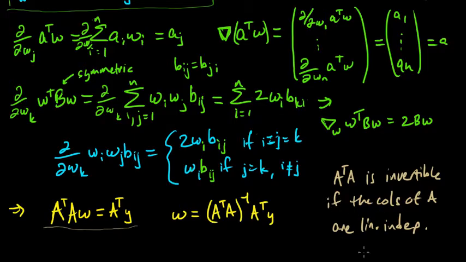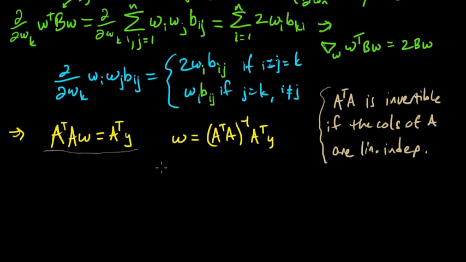So let's assume this, in order to be able to invert this thing. So we can invert this under these assumptions, and we can solve for this w. So we get w equals this A transpose A inverse times A transpose Y.